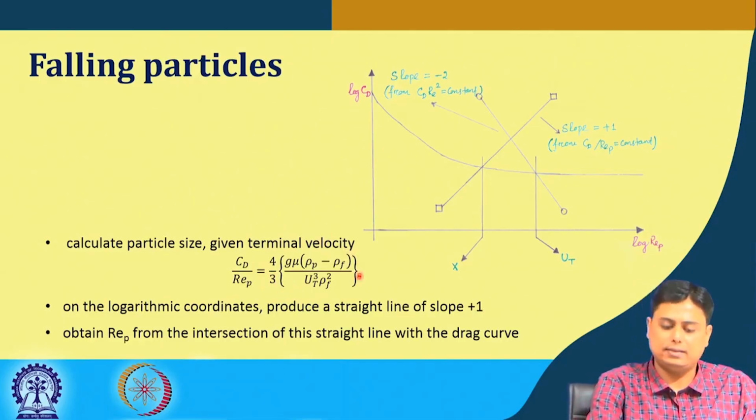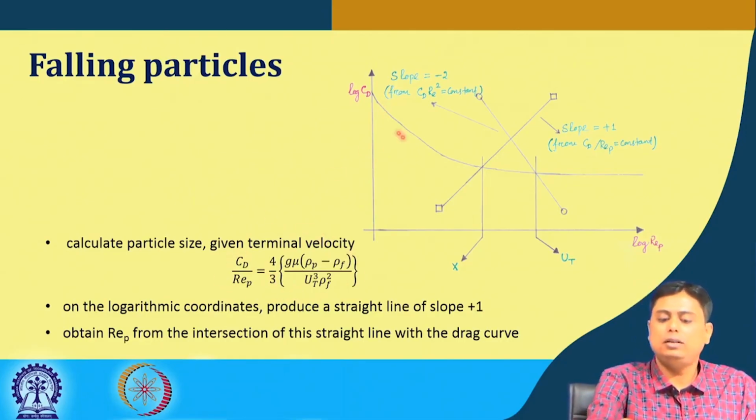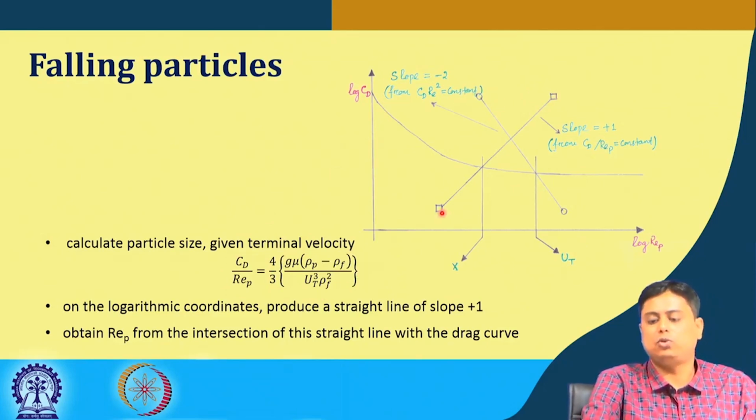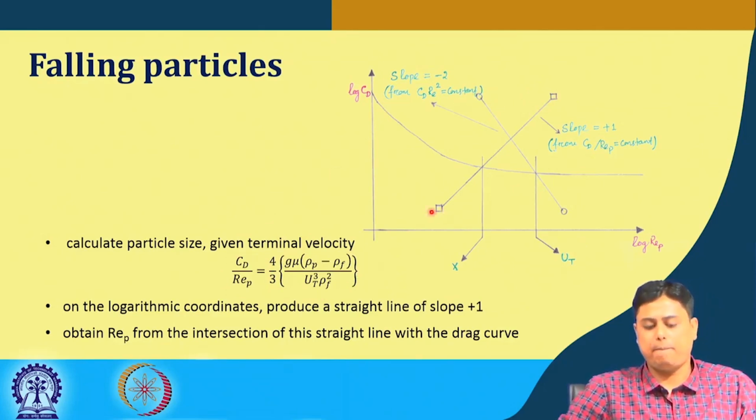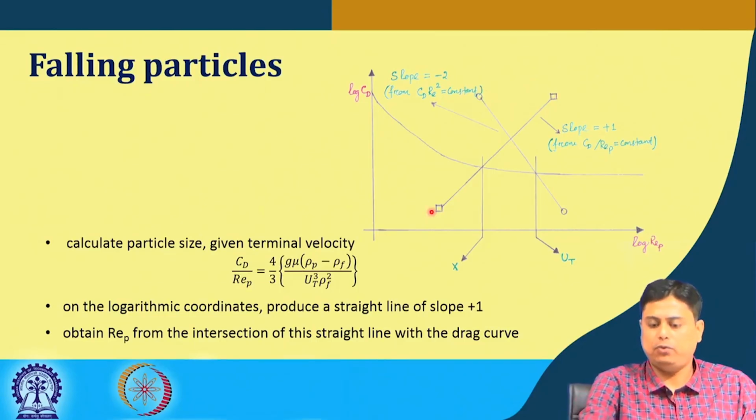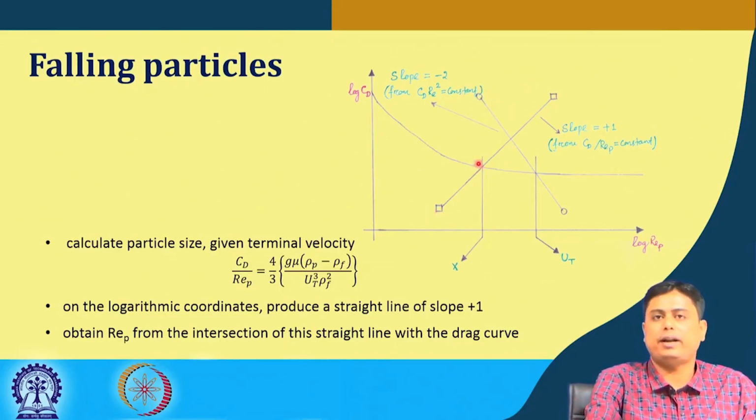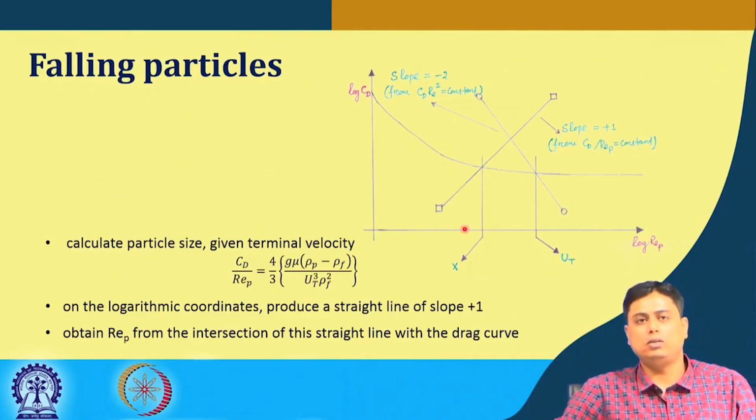There is no x in this term, and this parameter on the curve will be a straight line of slope positive 1. You find its intersection with the standard drag curve, you find the REP, and you find your x, the diameter of the particle.